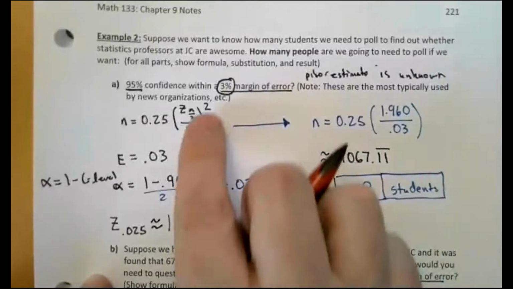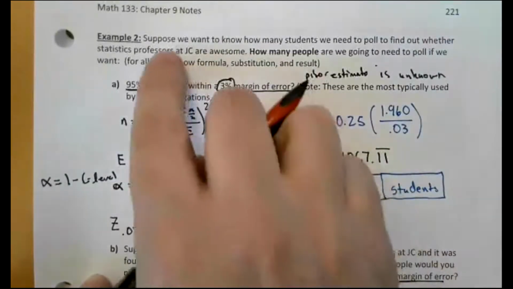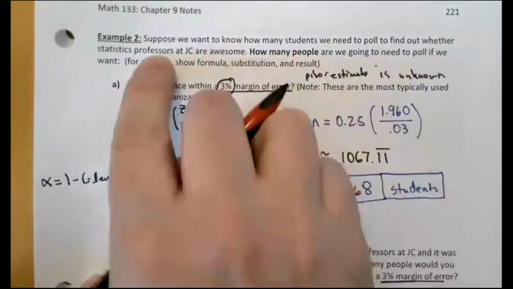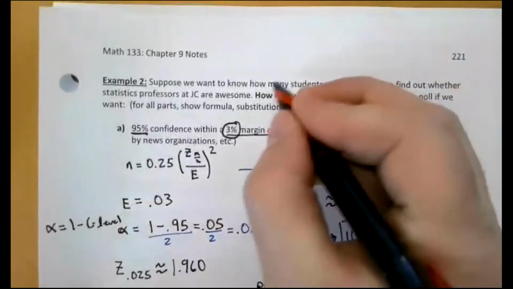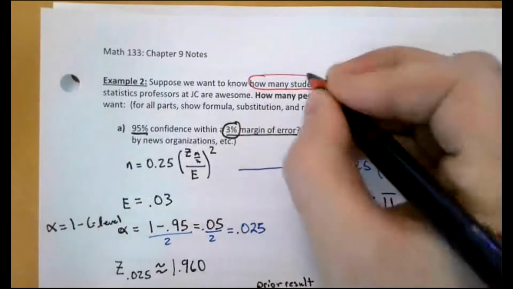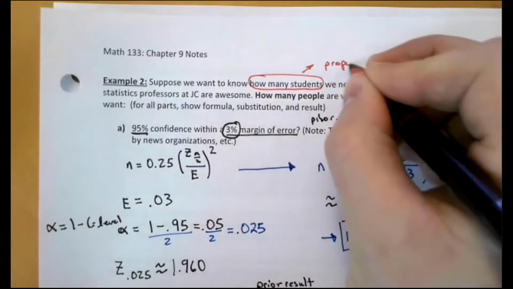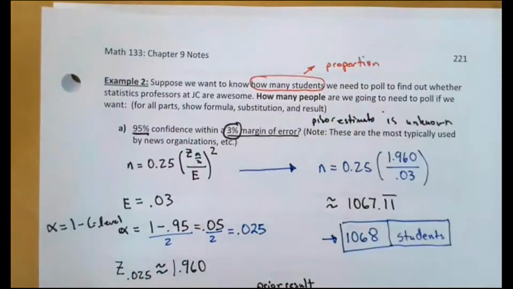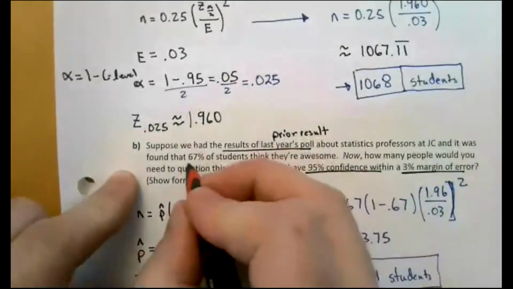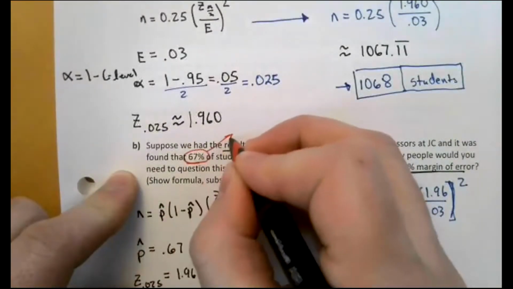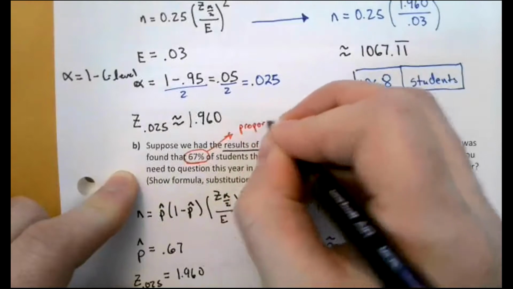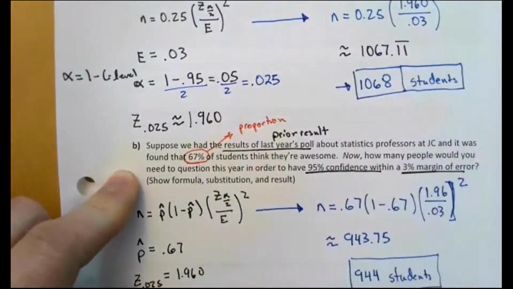Where did it say proportion up here? I guess this how many students implies a proportion. And then down here, anytime you see a percent, that's guaranteed a proportion that you're working with.